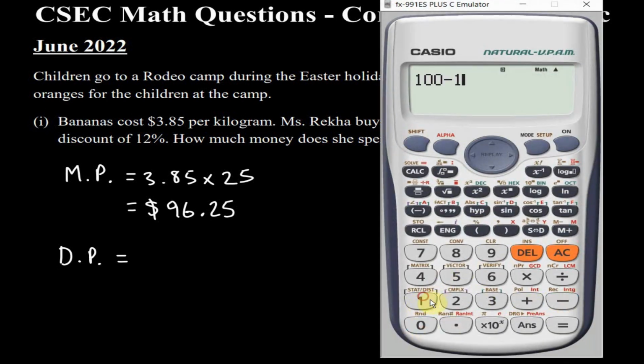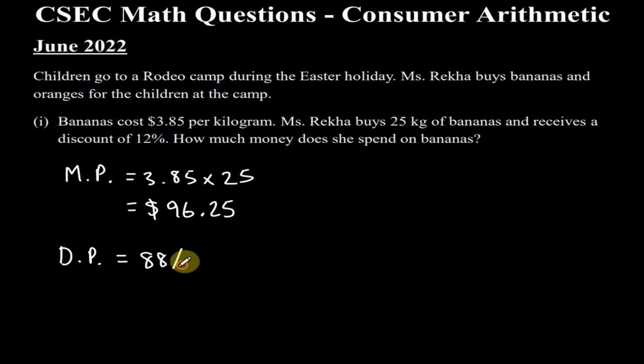So all we have to do is subtract 12 from 100, which means she'll be required to pay 88% of the actual price, right? So if we find 88% of this $96.25 here, then we'll actually ascertain the amount of money that she would have spent for the bananas.